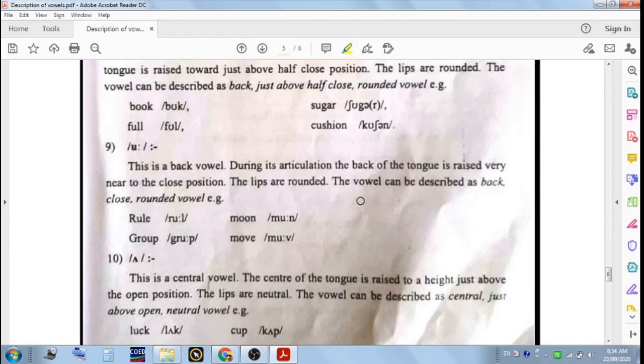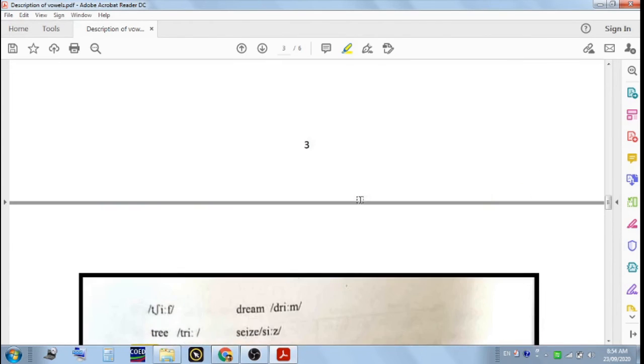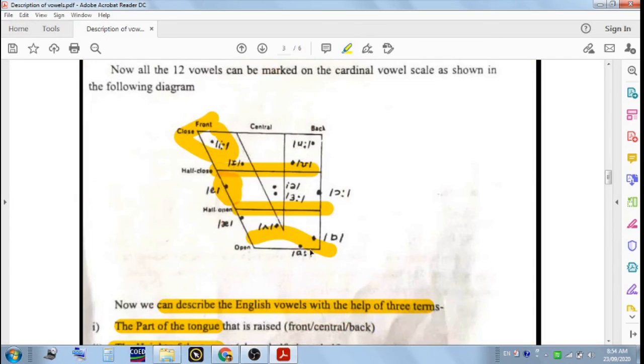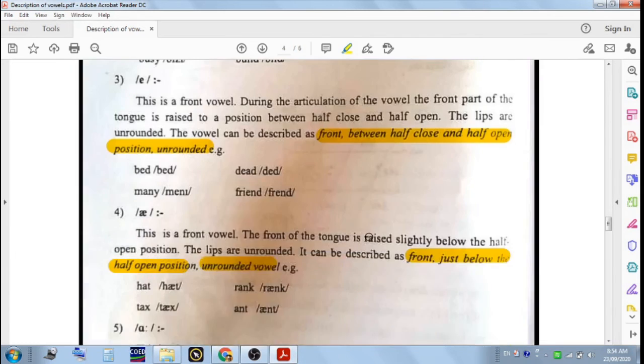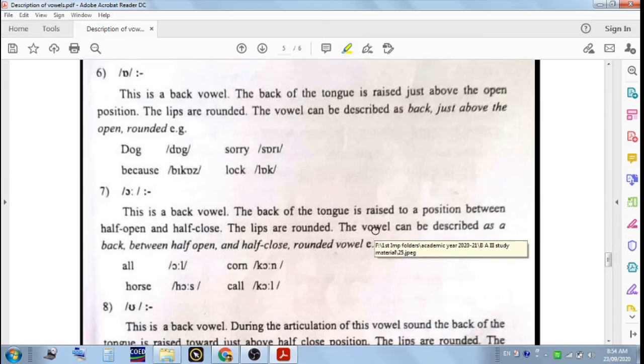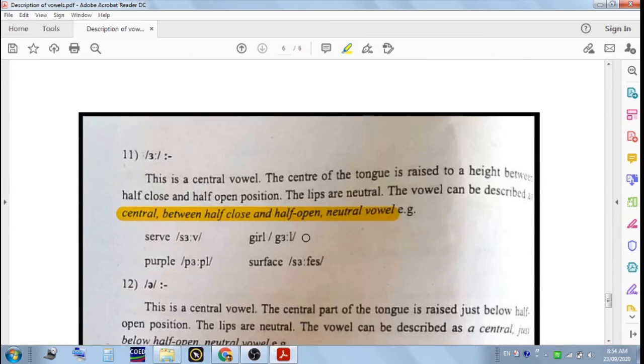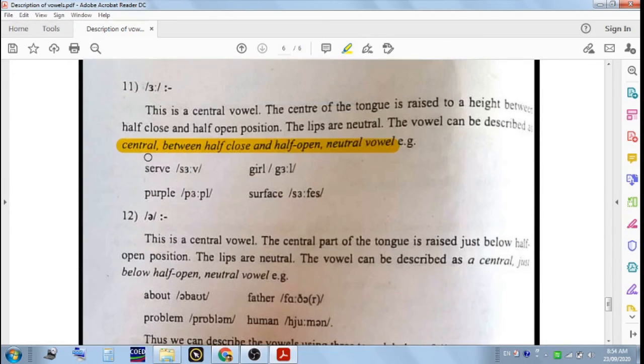So see, for example, we will see whether it is there or not. See, this is a central and almost neutral vowel sound. You see that this is central between half close and half open and neutral vowel.